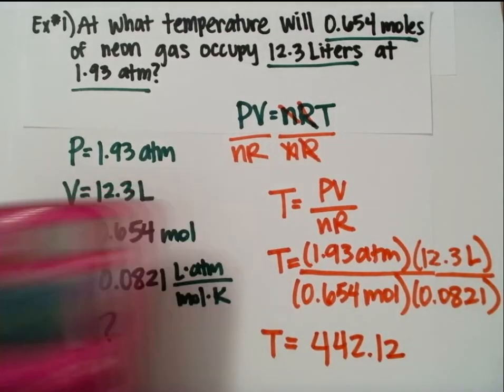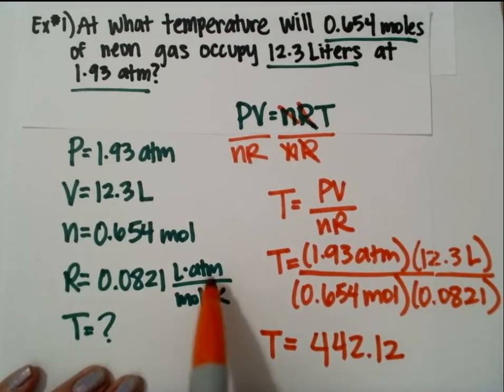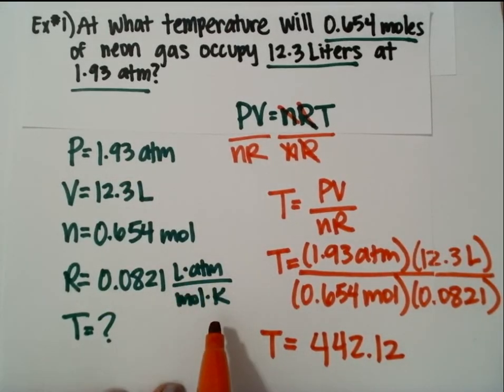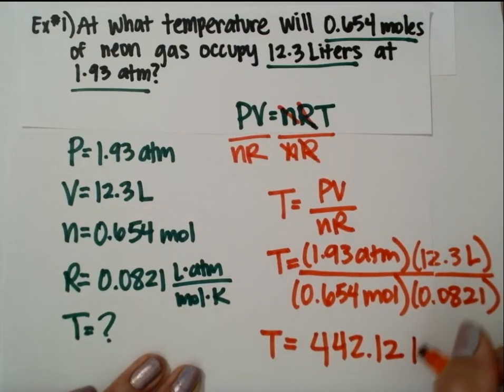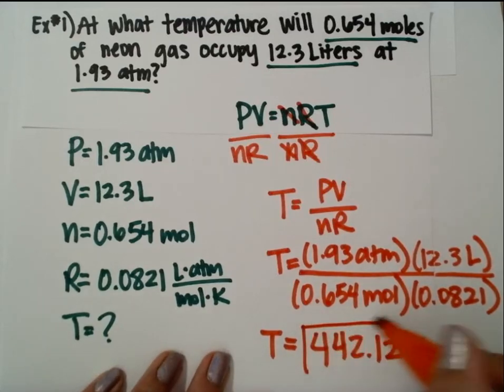And remember, if you're unsure of the units here, you always want to go back to your R value and take a look at those units there. So in this particular case, because we're looking at temperature, our unit is going to be in Kelvin.